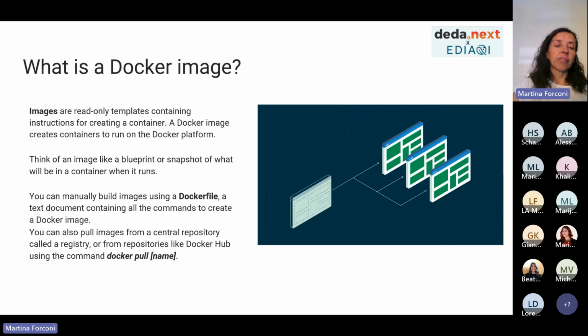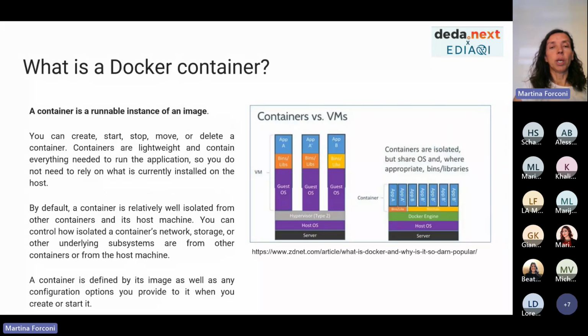So you can write your own image, or you can download one from a repository with the command docker pull and the name of the image. The container is a running instance of an image. It's very easy to create, start, and stop a container. The containers are like a small virtual machine, but lighter. And in a virtual machine, you can have more containers running.